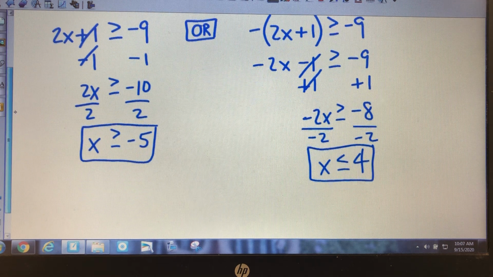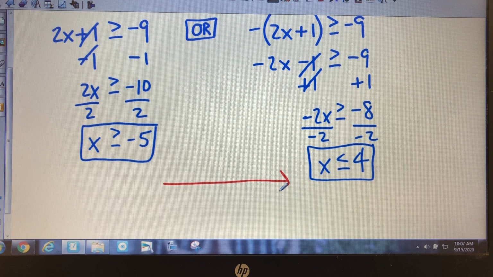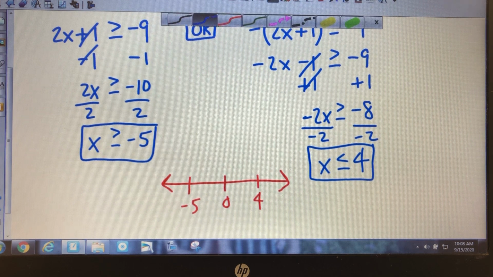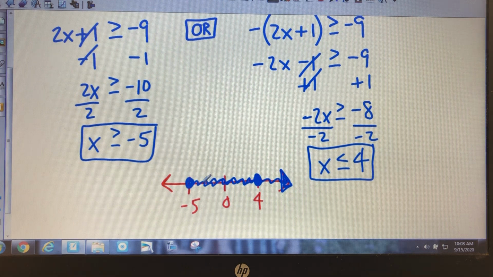Okay, so if we combine them on our graph, okay, let's put the negative 5 here. All right, so because of the keyword or, we need a number that is greater than or equal to negative 5 or less than or equal to 4.